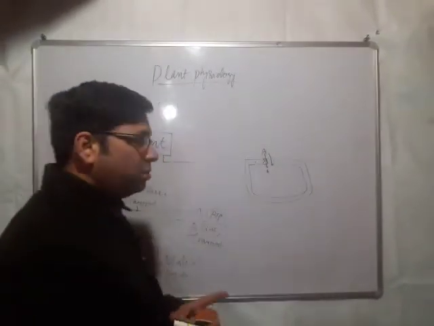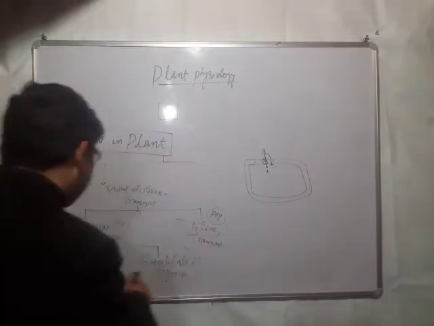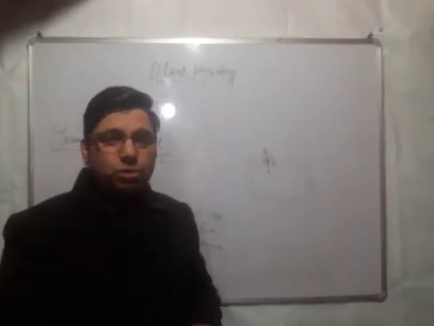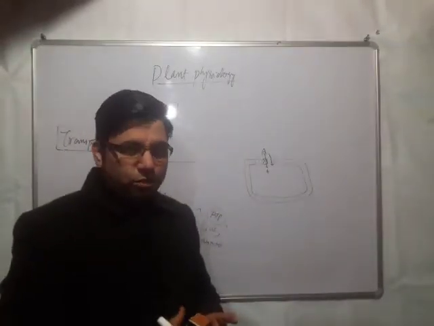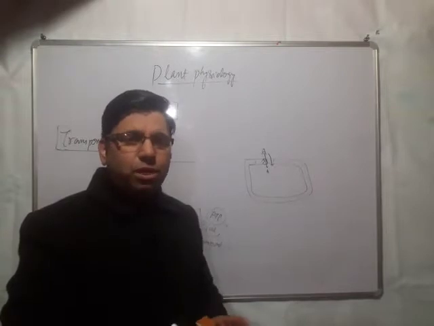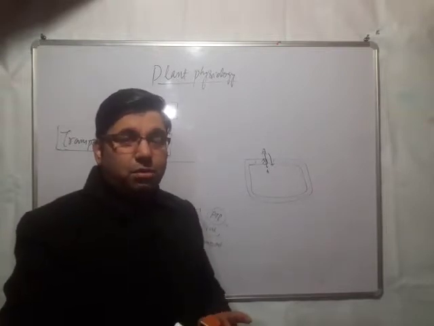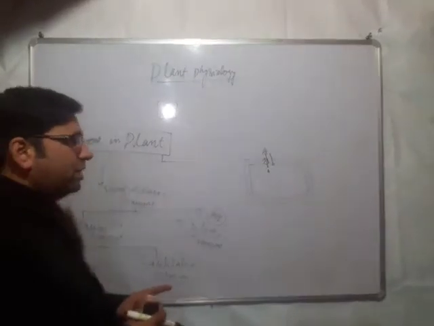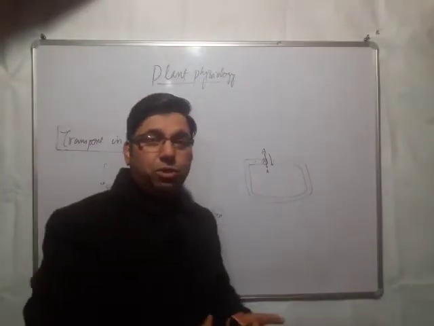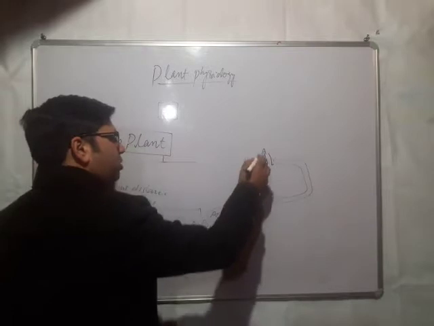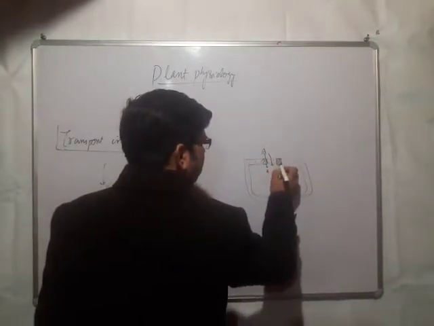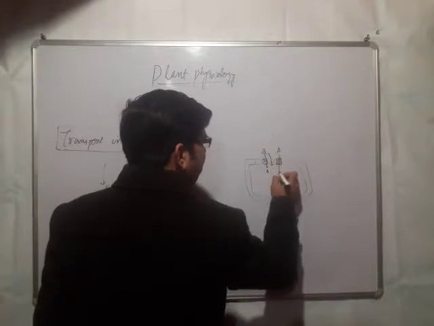What I mean to say is that in diffusion there is no selection of molecules, because any molecule having more concentration outside can enter the cell depending on the concentration gradient. The selectivity is not there in diffusion, but in facilitated diffusion the selectivity starts. If a particular protein lets in only A, only A will enter.